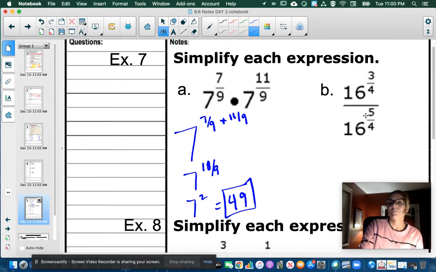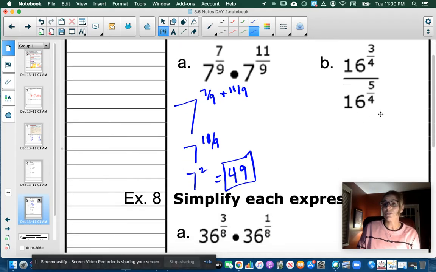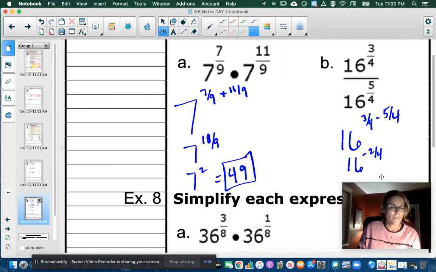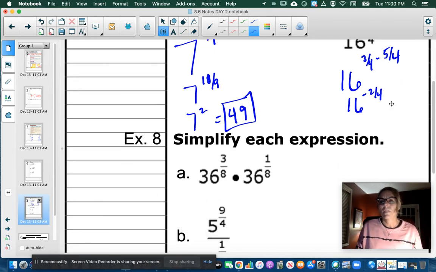Dividing bases that are the same. Grab the base, and we subtract. 3 over 4 minus 5 over 4. That's 16 to the 3 minus 5, negative 2 over 4, which is actually 16 to the negative 1 over 2.